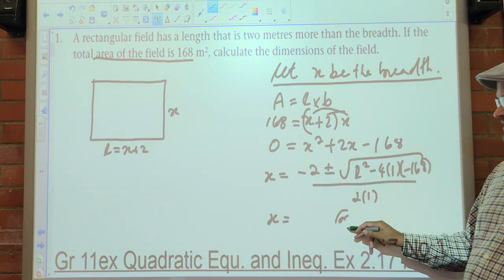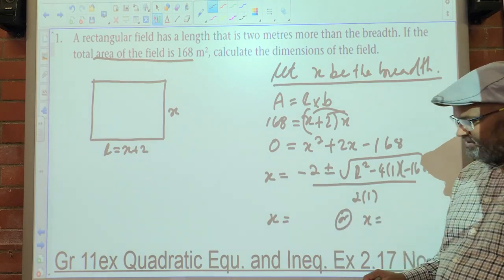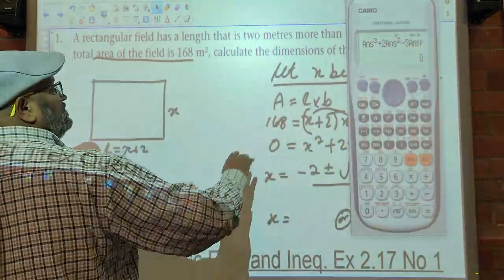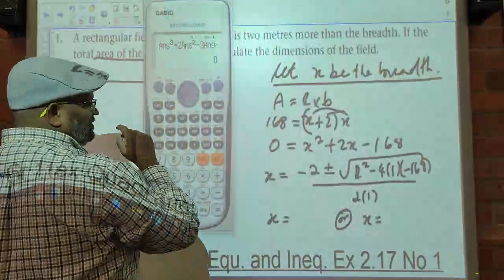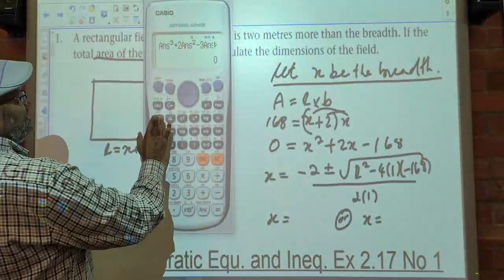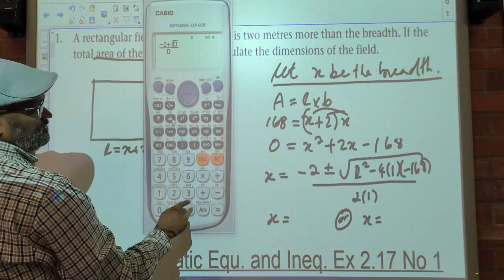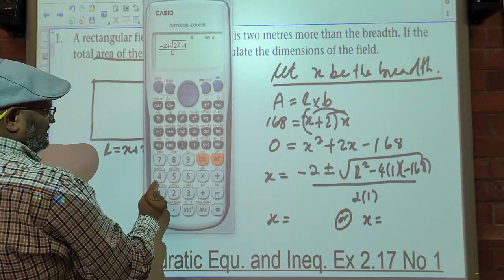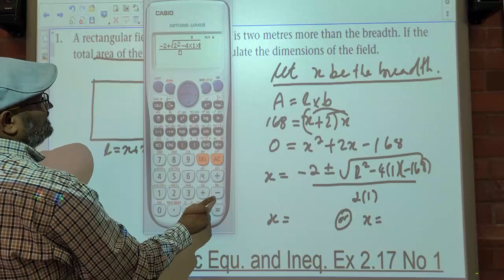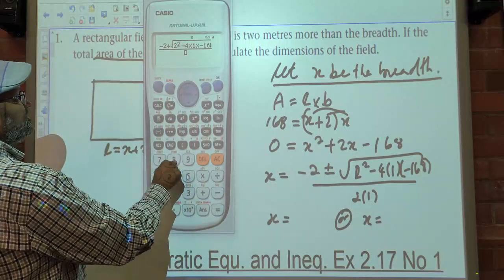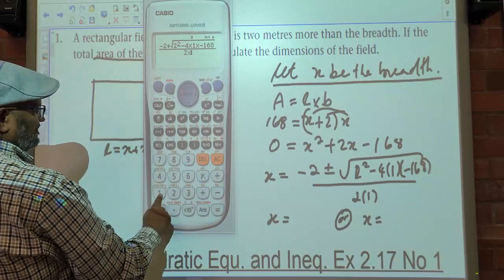I'm not going to do it all the time, okay? Because to substitute this every time into the quadratic equation, it's going to take time, okay? So it's going to be negative 2 plus or minus the square root of 2 squared minus 4 times a times c, which is negative 168, over 2a.